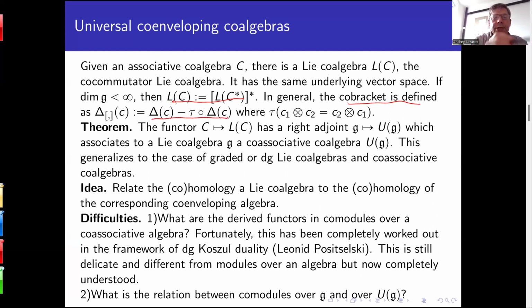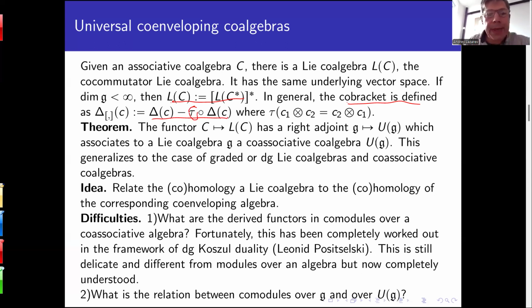We have an element c, we apply the diagonal to it, and then we subtract the diagonal where the tensor factors have been swapped.